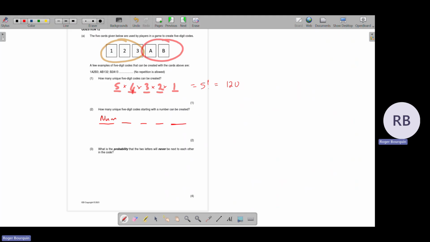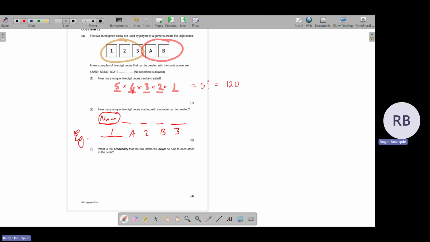You agree? So how many choices do I have for the number that goes there? I've got 3 choices for the number, right? So an example would be 1 and then A 2 B 3, right?